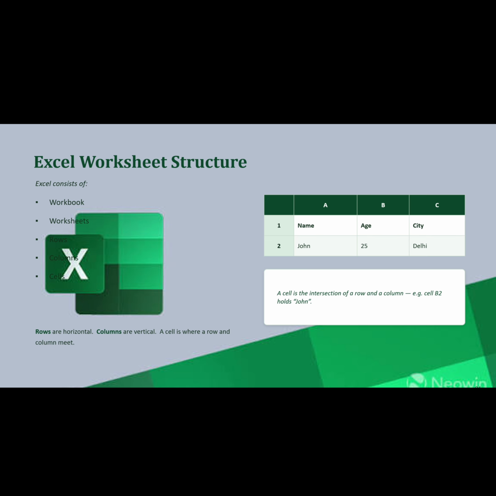Okay. Now let's learn about the basic structure of Excel. An Excel file is called a workbook. Inside a workbook, we have one or more worksheets. Each worksheet contains rows, columns, and cells.